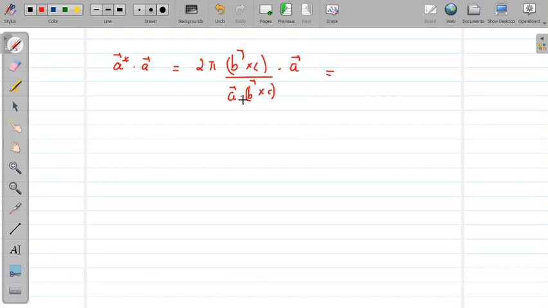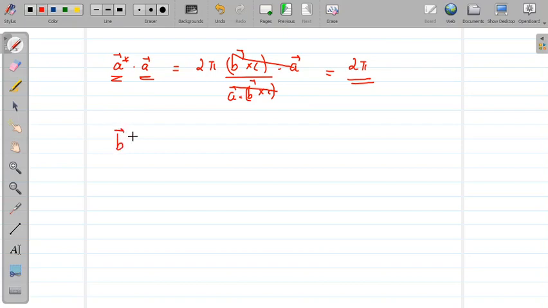So you can see in the numerator and the denominator the same terms are present. Since the dot product is commutative, the numerator and the denominator are the same. You can cancel those terms and the final answer will be 2 pi. So this is the relationship between the reciprocal lattice vector and the direct lattice vector.